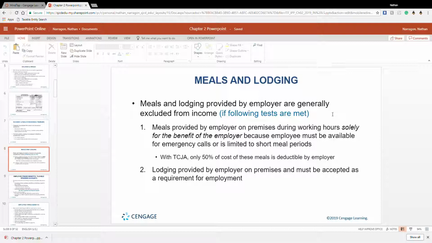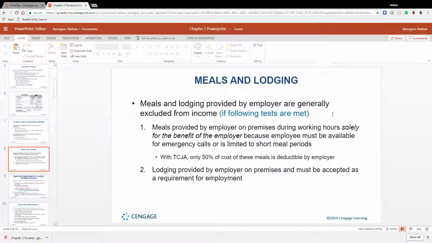You can deduct the meals. If you're a Schedule C independent contractor with a 1099 and you have to have a meal during your working hours, you have the possibility of deduction.